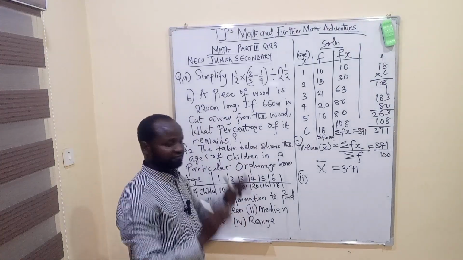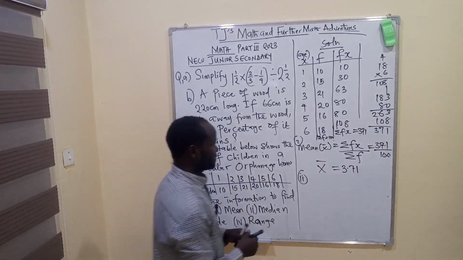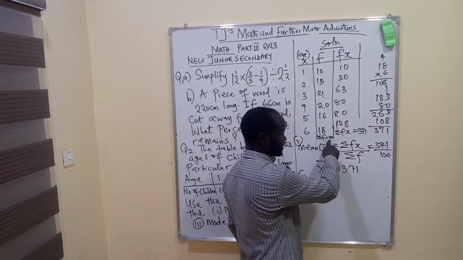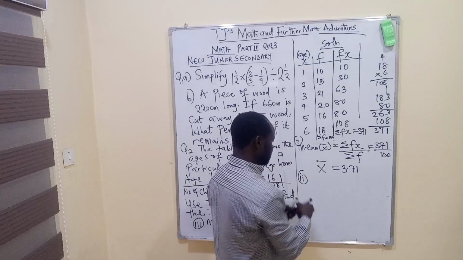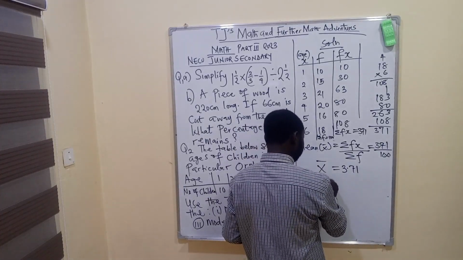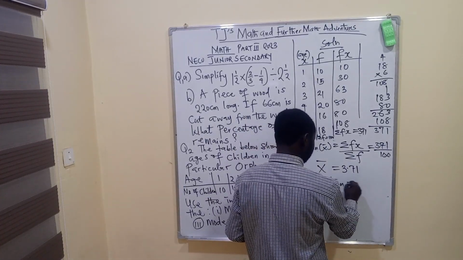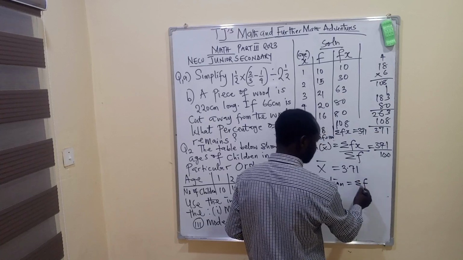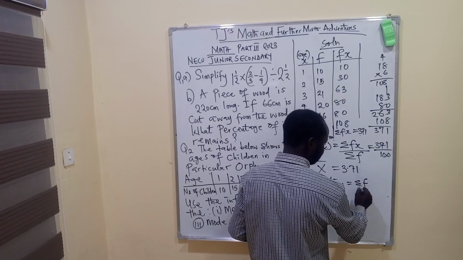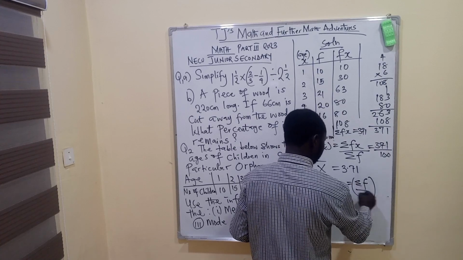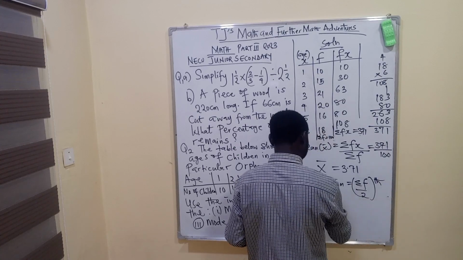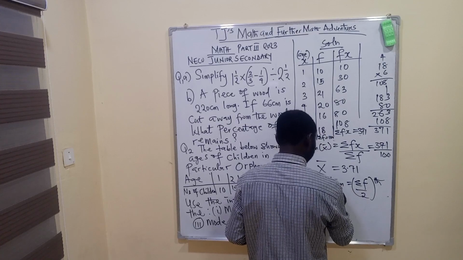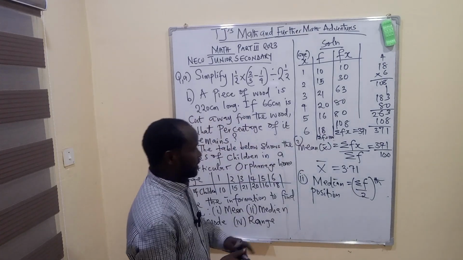There are two ways we can find the median. First, the summation of your f here is an even number. So if summation f is an even number, just divide summation f by 2, and that position will be the median. What do I mean?